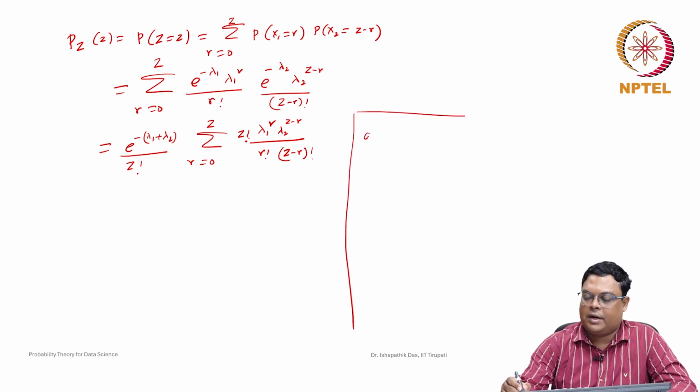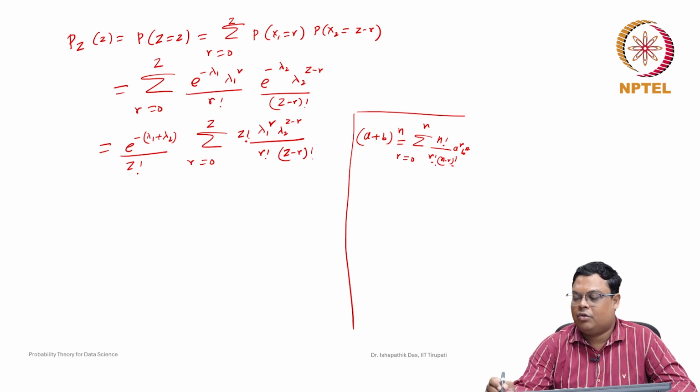Suppose you want (a plus b) whole to the power n. This can be represented as the summation of r from 0 to n of n factorial by r factorial (n minus r) factorial, a to the power r and b to the power of n minus r. So this is (a plus b) whole to the power n.